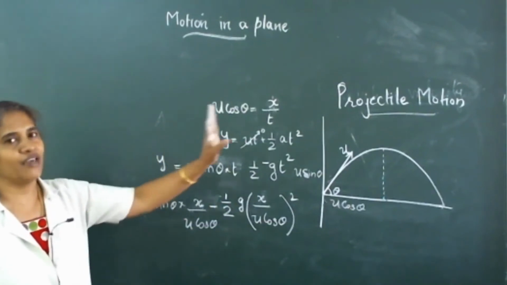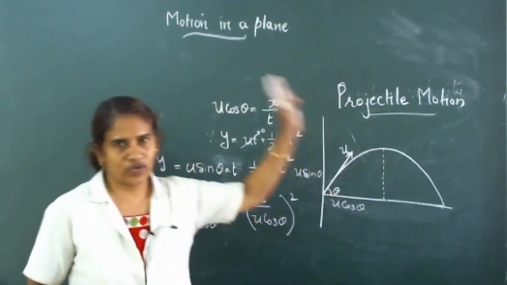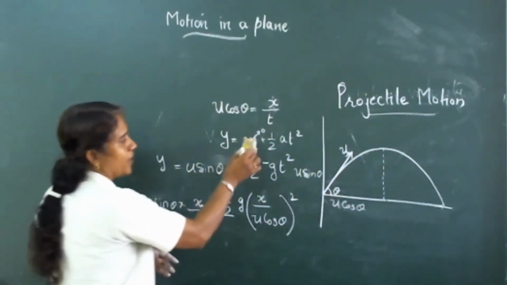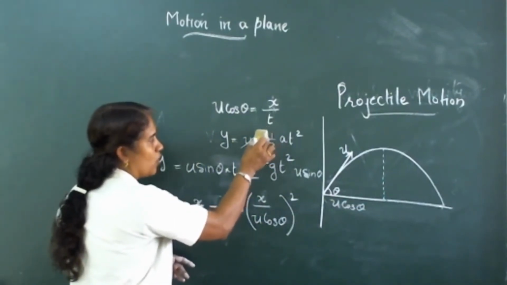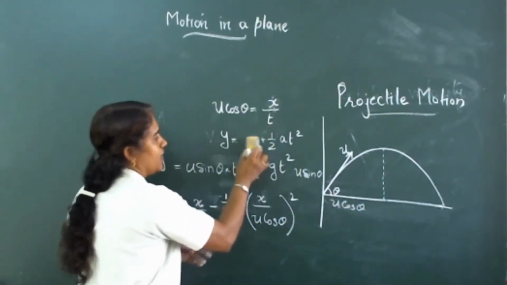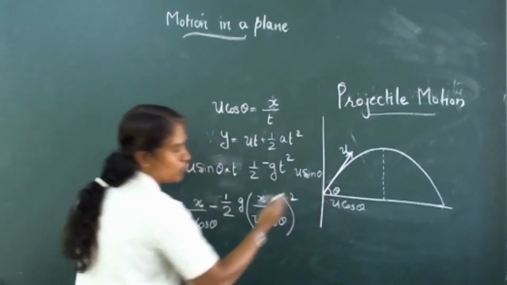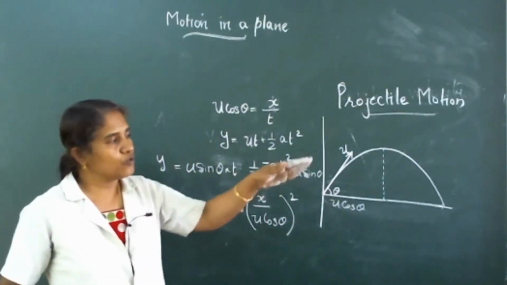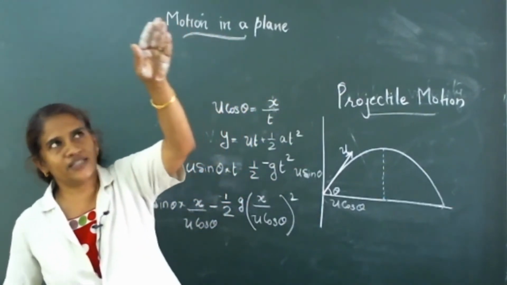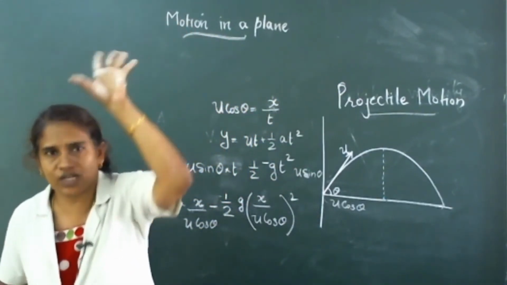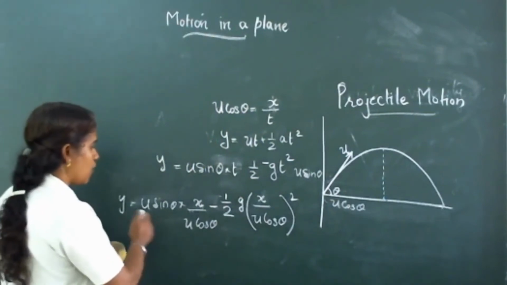Now, by modifying we will be getting the equation for trajectory. Okay, so here in the ordinary case it is 0, now u is equal to u sin theta. In this case u sin theta keeps reducing, and when it reaches the maximum height it becomes 0 there. Okay, so let us modify the equation.